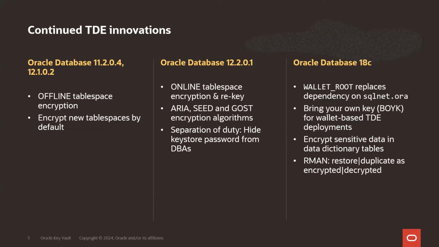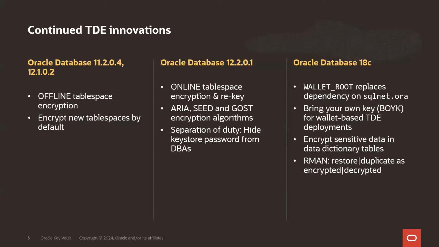And for use cases where you have an unencrypted primary database or an unencrypted database on-premise and you would like to create an encrypted database in OCI, you could use RMAN restore or duplicate as encrypted. So if you don't have a TDE license for your on-premise database, your cloud database would be encrypted.